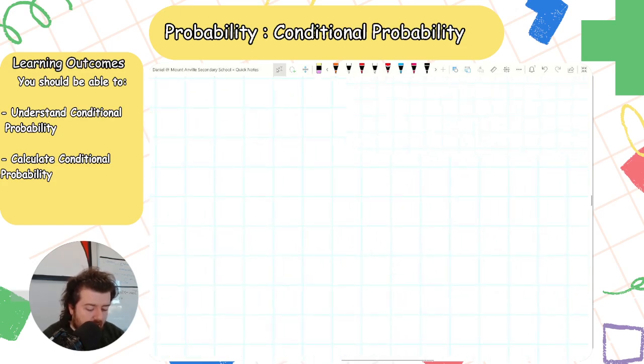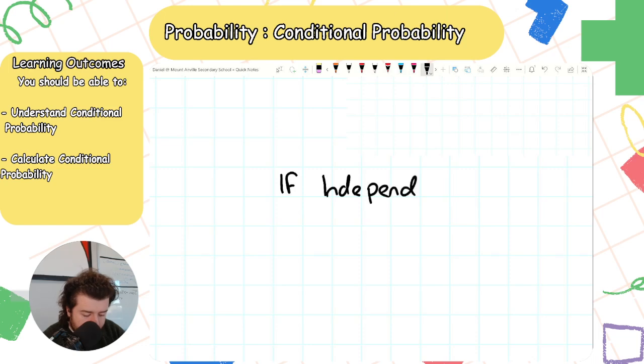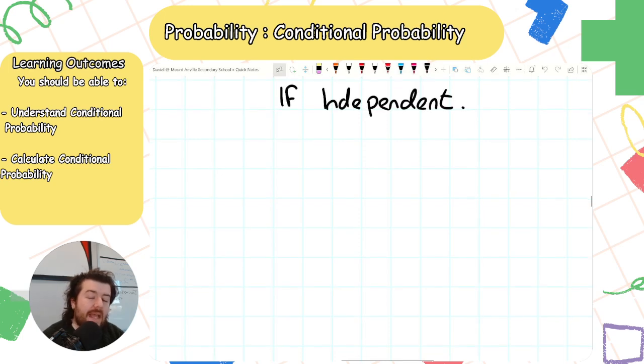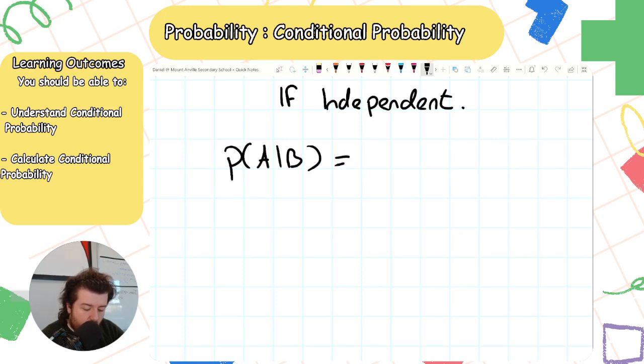If two events are independent, meaning one event happening does not affect the outcome of another event happening, the probability A given B will just be equal to the probability of A. Which makes sense, because what's the probability A is going to happen given B happens?